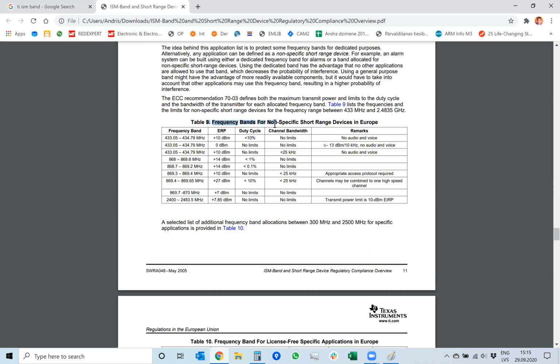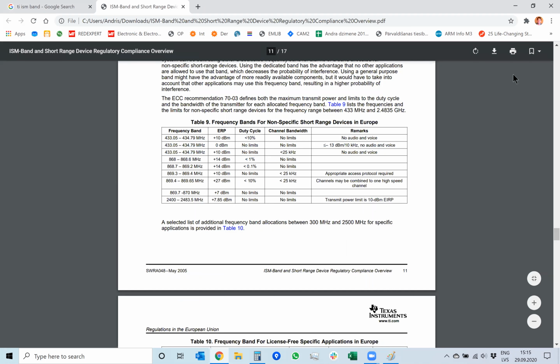So here are frequency bands for non-specific short-range devices in Europe. Actually, there are multiple bands, and each of them has its own limit.